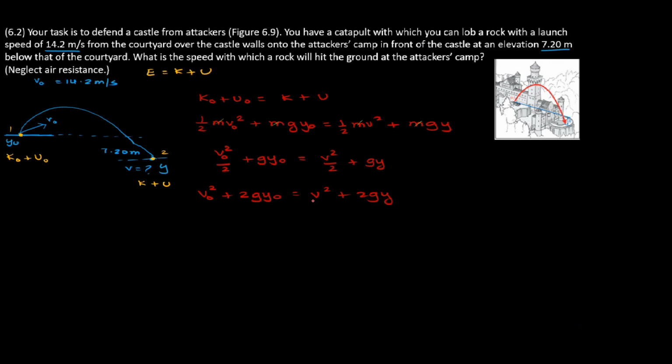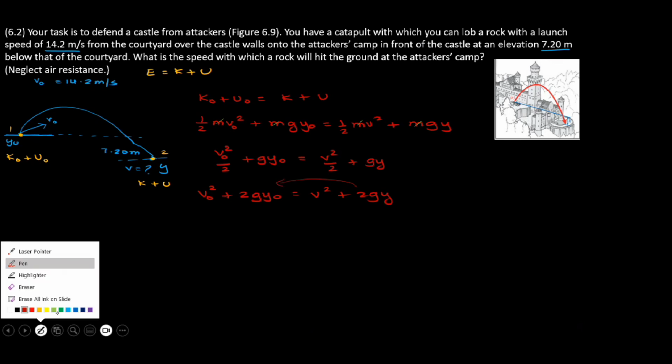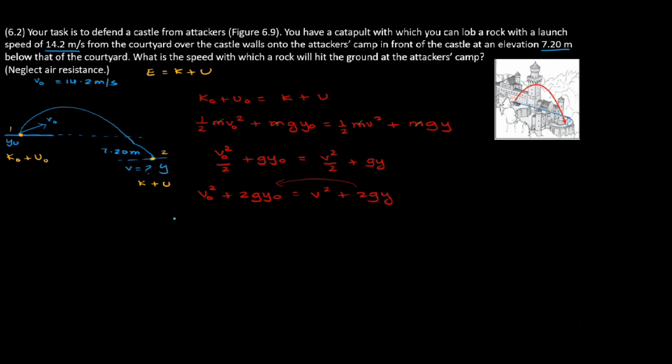I want v squared over here, so I must get rid of 2gy. Since 2gy is added here, when I move it to the other side, I have to subtract it. I will rewrite the expression as v squared equals v naught squared plus 2 g y naught, and since I'm moving 2gy to the other side, this plus will become minus 2gy.